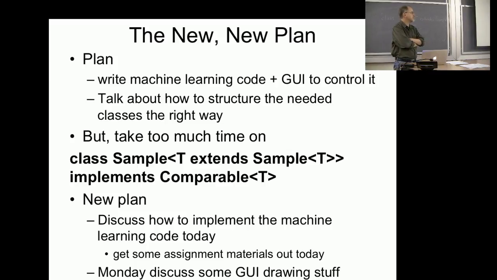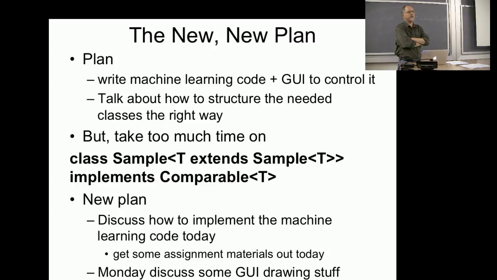You get some assignment materials out today just to get started, and then there will be another wave of the full specification on Monday after I talk about some GUI drawing stuff. So we need to know how to draw things on our GUI window instead of just drawing images and things like that. A little disjointed, to be honest, but nothing too crazy. I'm going to try to keep the scope of all this pretty sane for the last week and a half of the semester here.